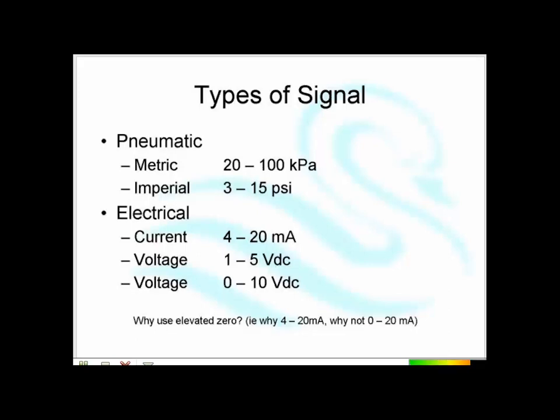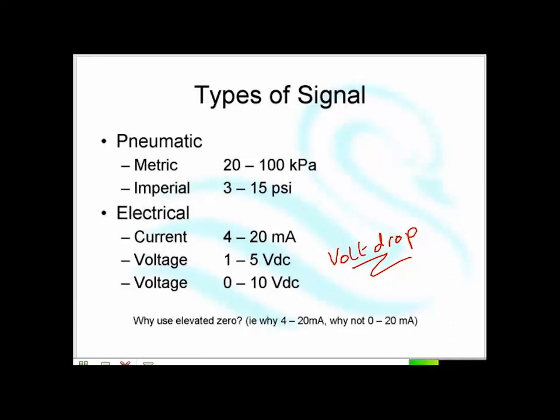With the advent of PLCs, we needed to send electrical signals. At first, they started sending voltages, 0 to 10 volts or 1 to 5 volts. The problem you have with voltage is volt drop. Volt drop is a big problem.